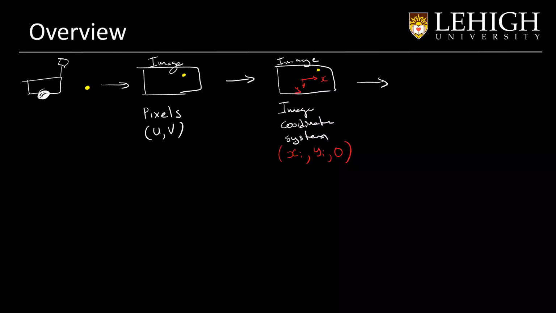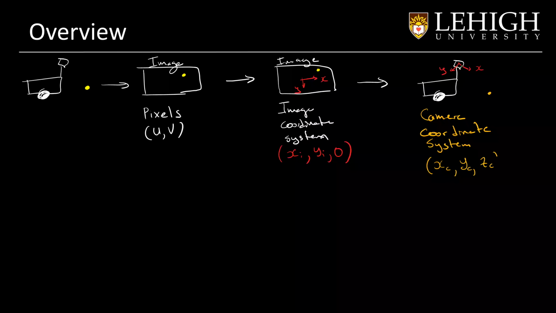Our next step is about the detection of the point in the camera coordinate system. We can draw the camera coordinate system, and now we have a point in the space. We now have included how far the point is. For that, we will combine the information of the image and also the information of the ground.